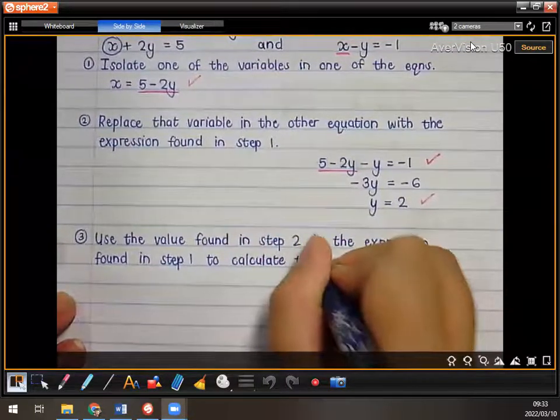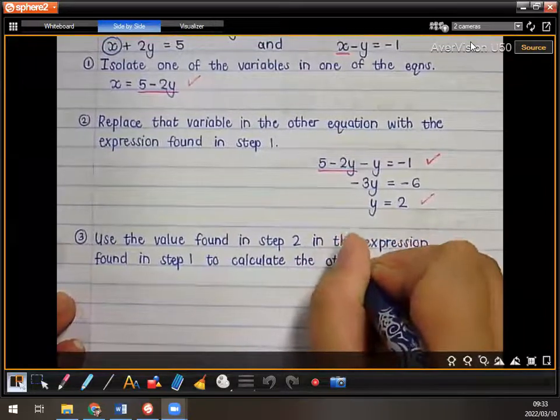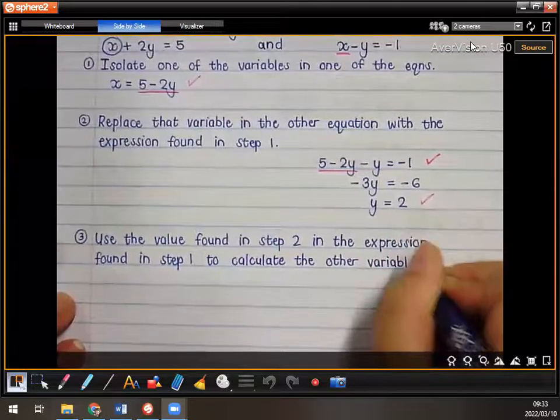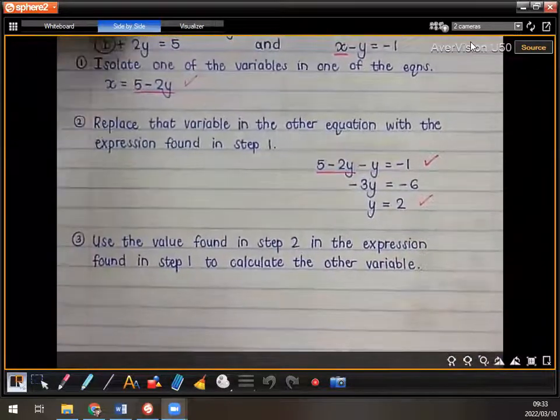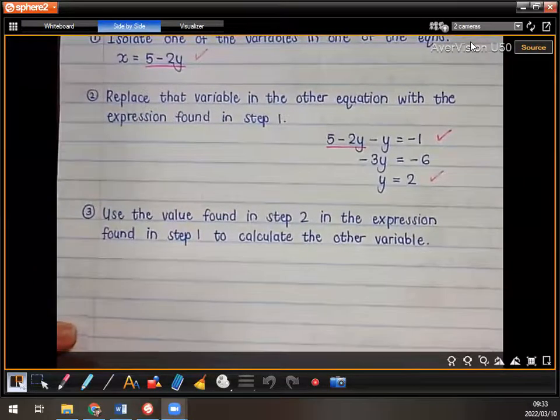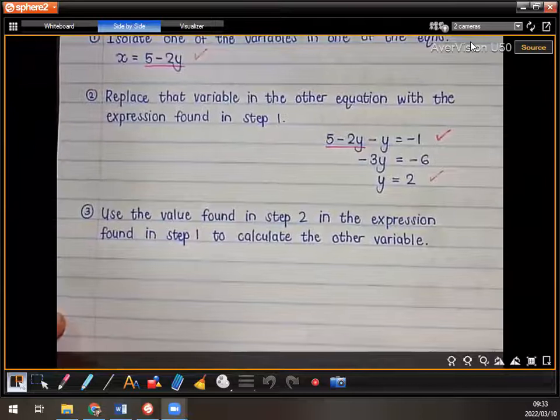So we're going to find x now. We found an expression for x, but we didn't find the actual value for it. We need to find a number for x and a number for y.